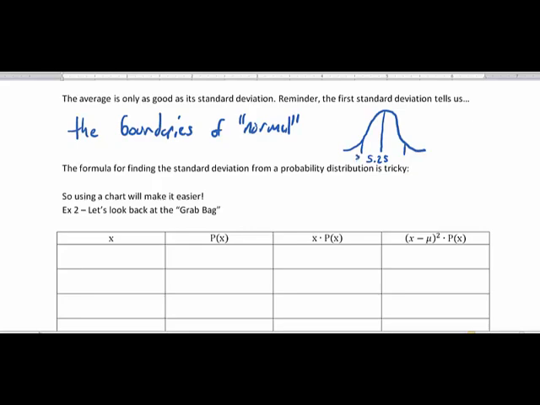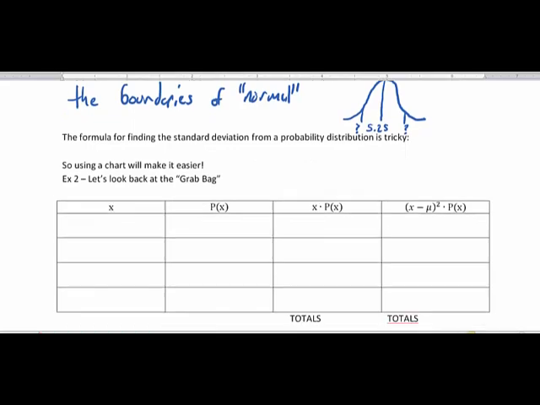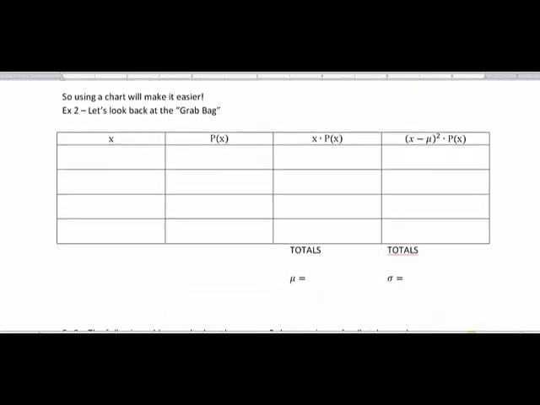Well, one standard deviation away would give you what's considered normal. So if you knew that this game paid off roughly $5.25 on average, give or take the standard deviation, this might help you, first of all, not only make a good idea of what to charge for this game, but it also, as someone who's playing the game, it's a good idea to know how far the variation is on this. So let's actually use this chart to help us out.